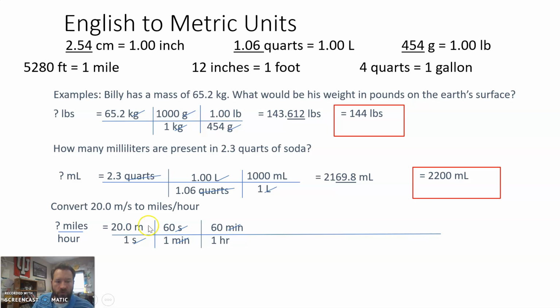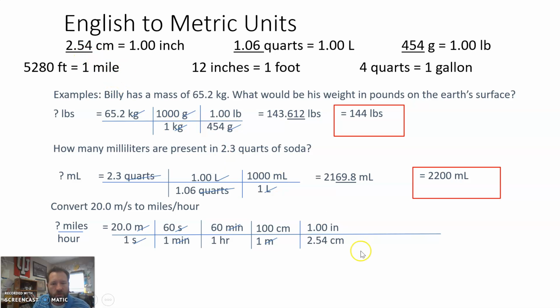But first, we have to get our distance correct. We're working with meters. We want miles. Again, you'll notice the conversion here up top, 2.54 centimeters per inch. So I need to convert meters to centimeters to get to my 2.54 centimeters. So 1 meter is equal to 100 centimeters.